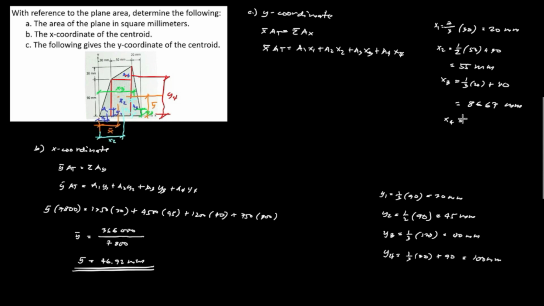And x sub 4, from this point up to the y coordinate: from this point up to the edge of the triangle, that's 2/3 of the base, which is 50, plus the distance 30, so x sub 4 is equal to 63.33 millimeter.